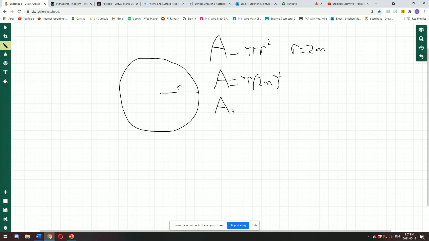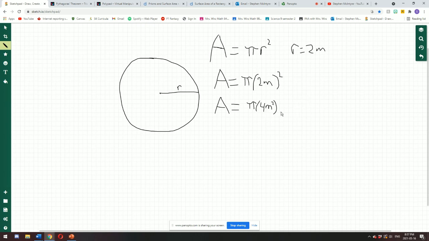So we have A, the area, equals pi times 4 meters squared. Whenever we have meters squared, or any unit squared, that tells us that we're looking at area.